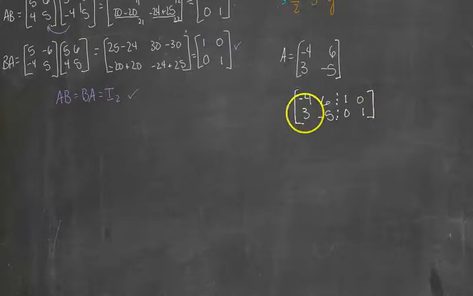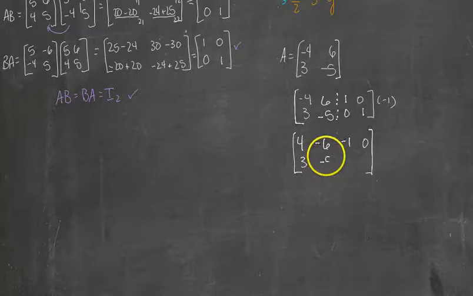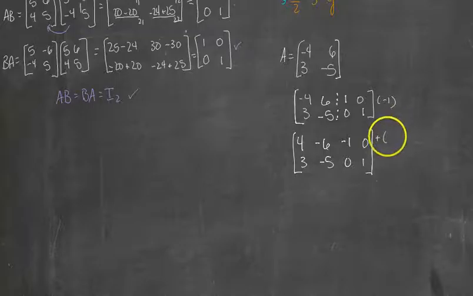I want to multiply the first row times negative 1, just so I get a positive 4 here. Okay, then I'm going to add negative 1 times row 2 to the first row.